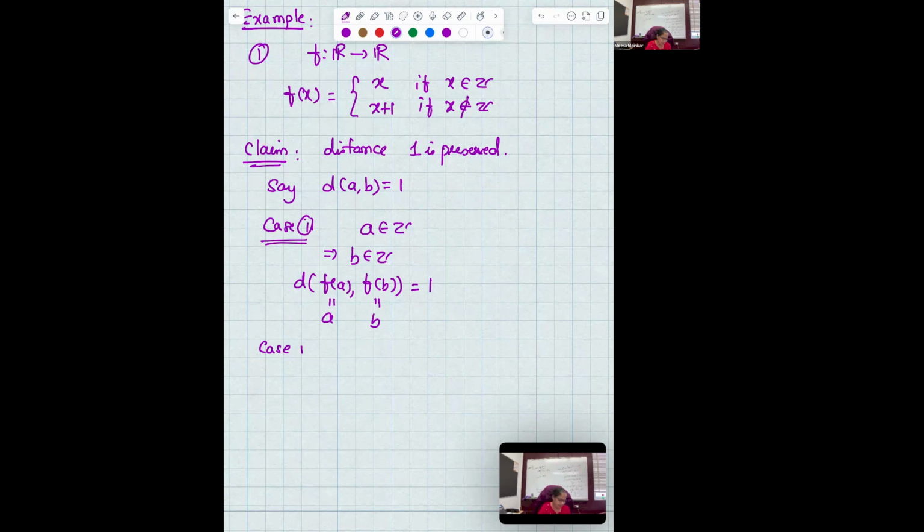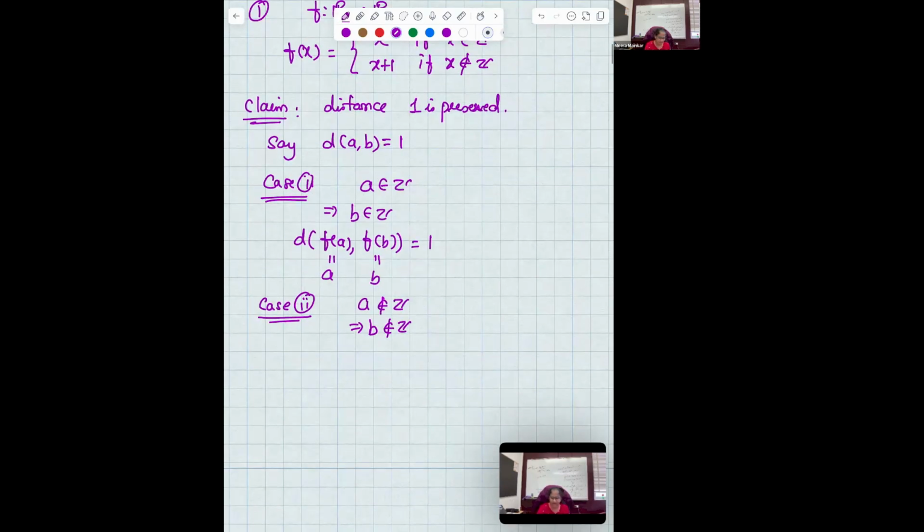If a is not an integer, then b is also not an integer, and that implies the distances are just shifted by 1. So again, the image points will have distance 1, because this is a plus 1 and this is b plus 1.